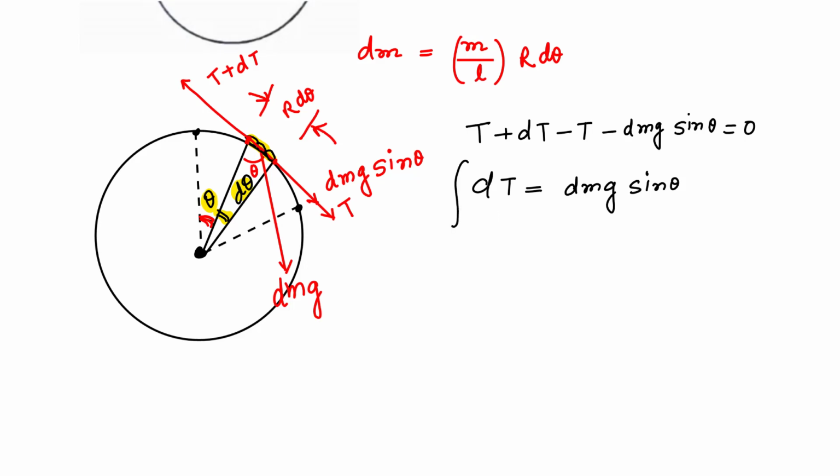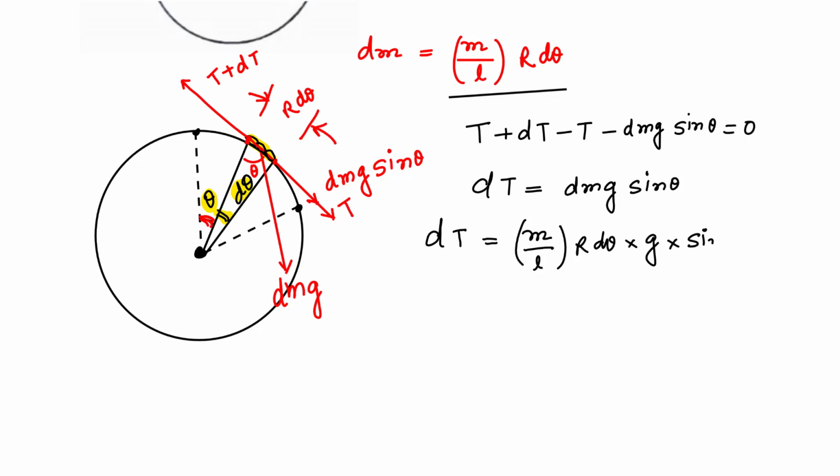So if I integrate this, first I have to convert in terms of theta. So let us say dT will be, and dm is what? This one, m by l, times R d theta, and times g sine theta.